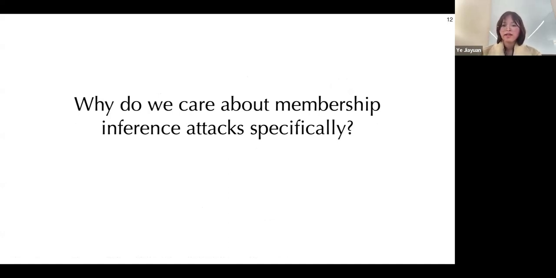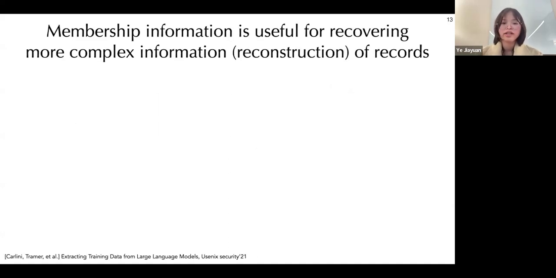It turns out that firstly, although this membership information is the simplest possible information, a binary information, it is useful for recovering more complex information of the data record. To give an example, let's revisit the text data reconstruction attack example.